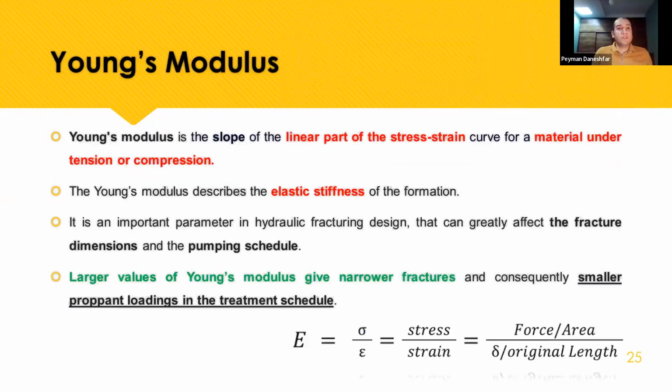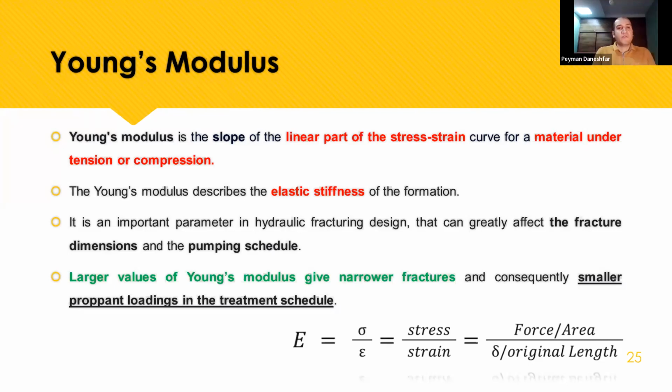What is the Young modulus? Young modulus is the slope of the linear part of the stress-strain curve for a material under tension or compression. For a ductile material, the Young modulus expresses elastic stiffness, or how much energy it takes to deform the material.